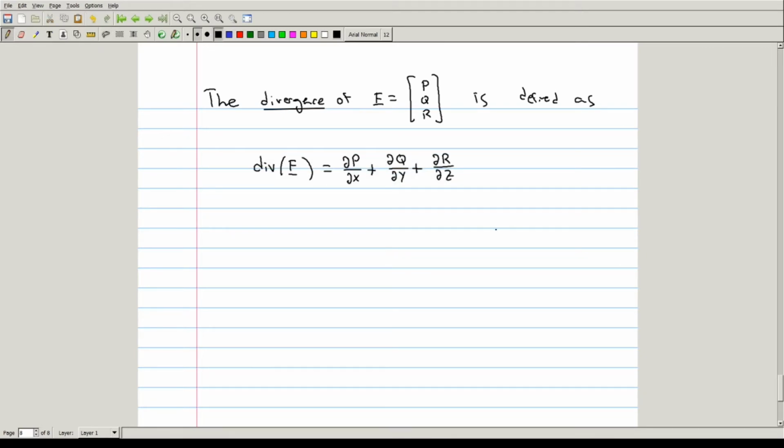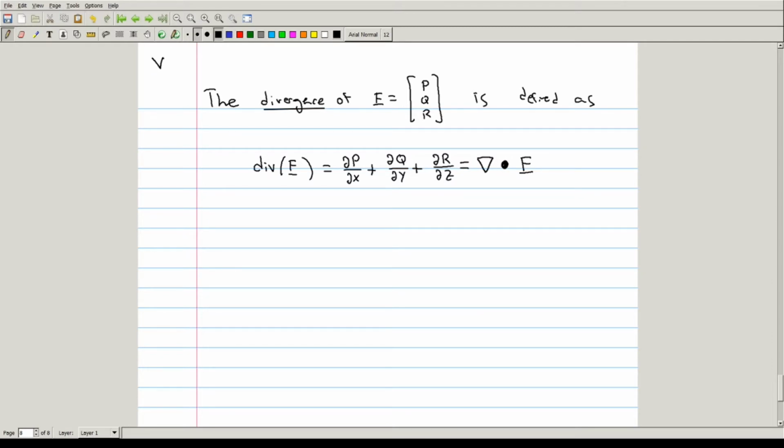By the way, we can write this in a clever way by remembering that with the dot product, we can think of this in some sense as a dot product of a special operator called the del operator with the vector F. Now, this is not a normal dot product, because this del is not an actual vector.